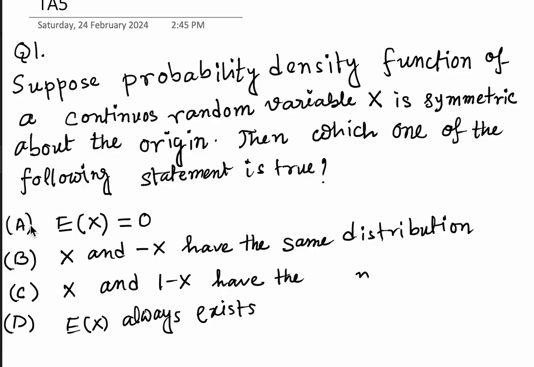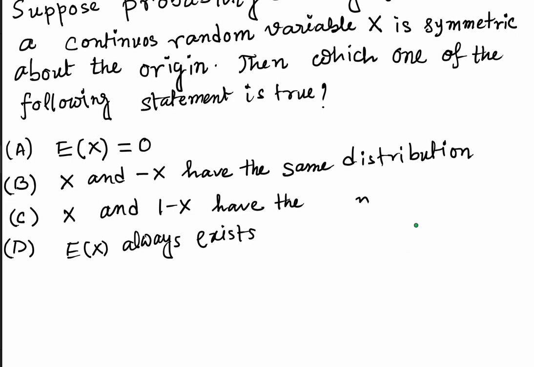So at first look it may appear that the first option is true, since this is symmetric about the origin, or that D is always true, that E of X always exists. But this is not the case. There are certain probability distributions which are symmetric in nature but the expectation does not exist.